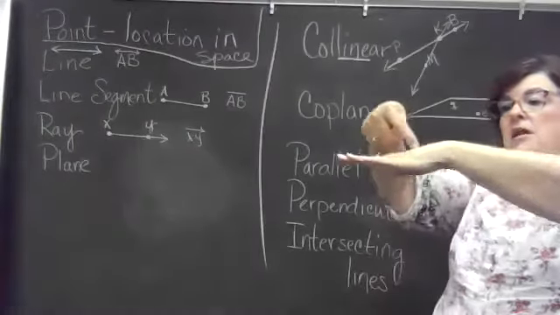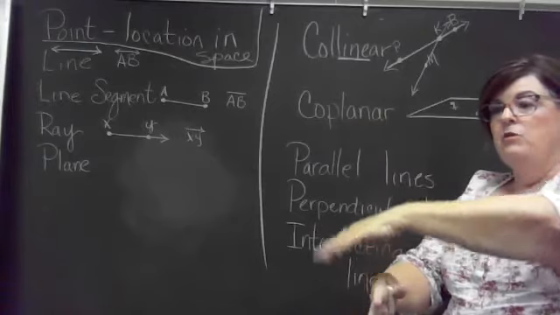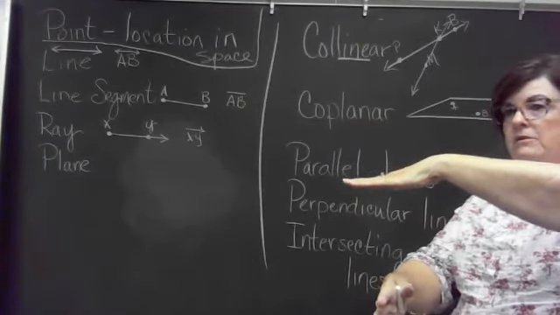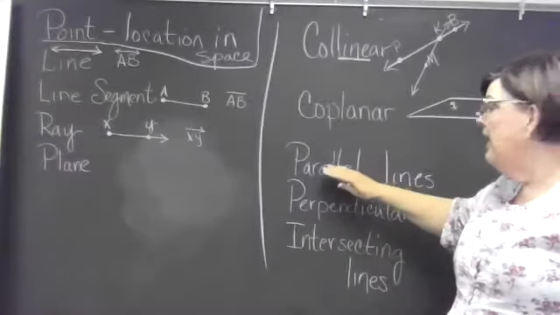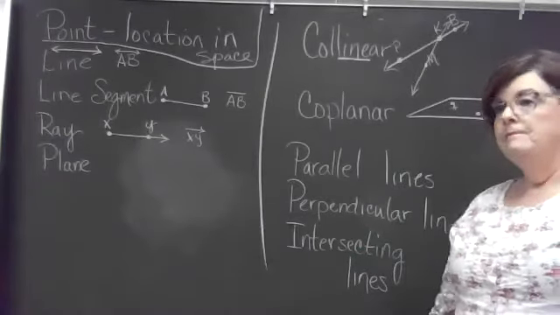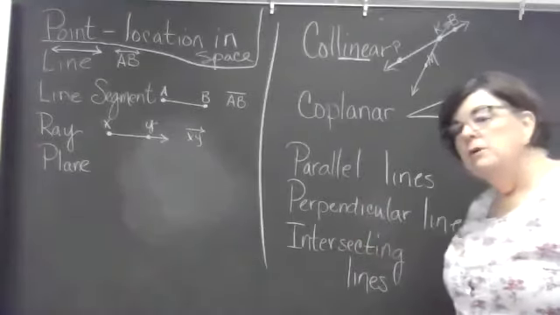And a line that's in this plane and a line that's in this plane would never intersect, right? But they are not parallel lines. So parallel lines are lines that are in the same plane and never intersect. Y'all see?